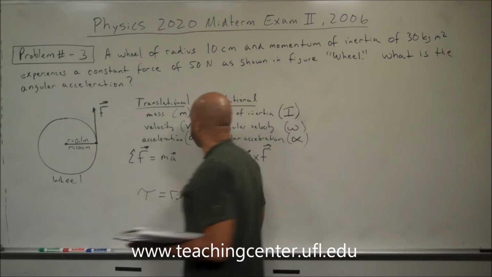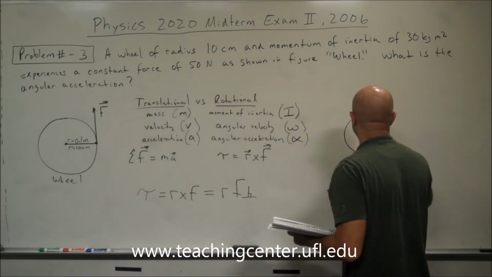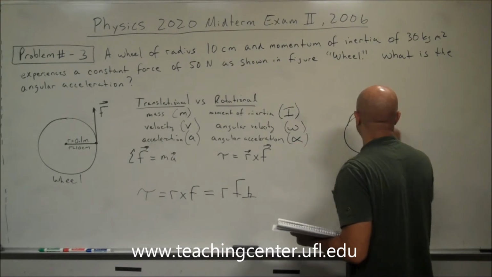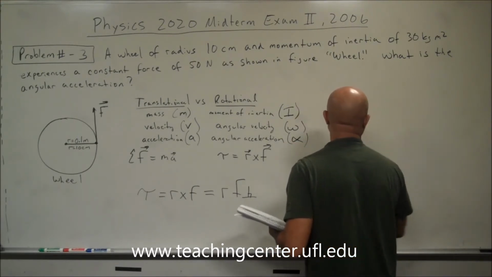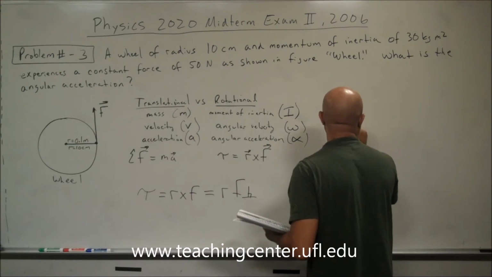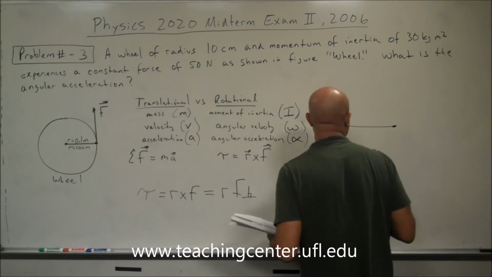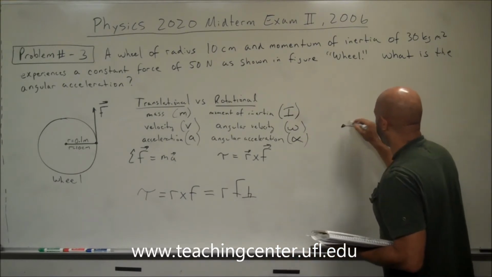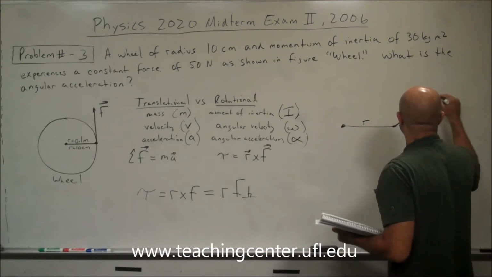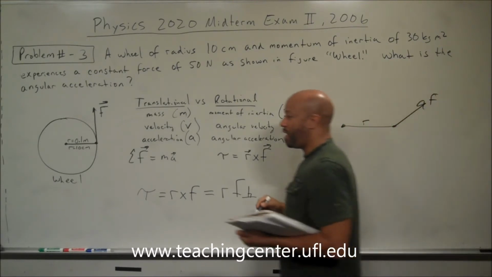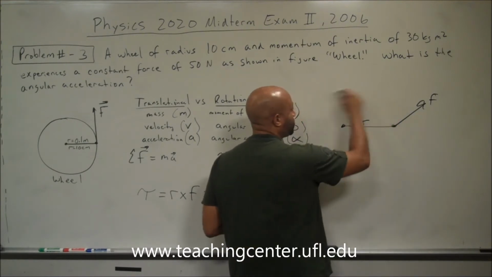For example, let's say we had another wheel, or let's just say we had a pivot point here, and this is distance r, and let's say that we had some force acting at this point that's going to cause this object to rotate.